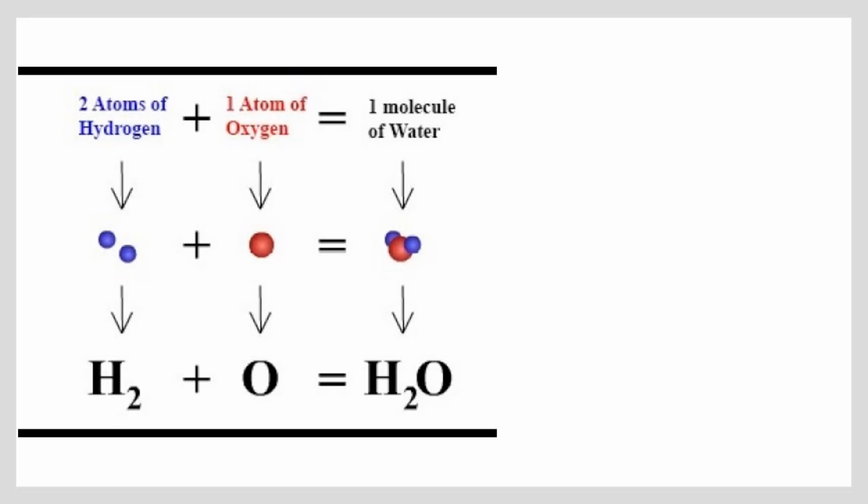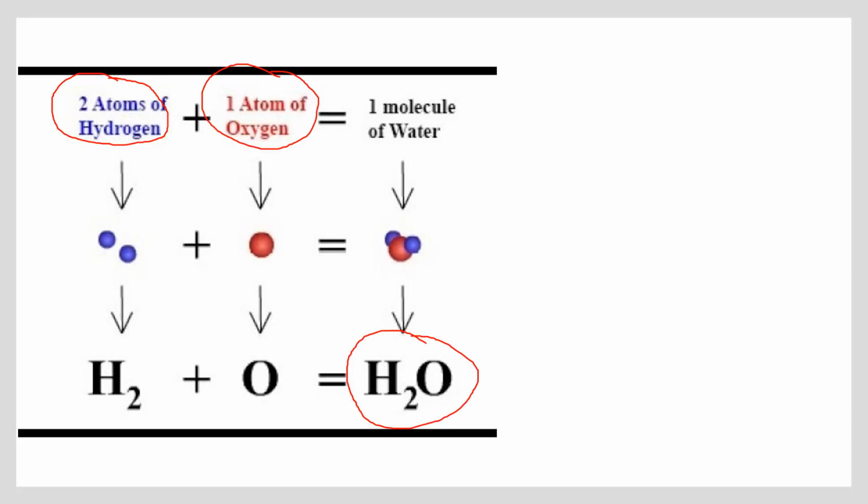As we all know, water has a chemical formula of H2O. So in order for us to call a compound a water molecule, it must have 2 atoms of hydrogen and 1 atom of oxygen.